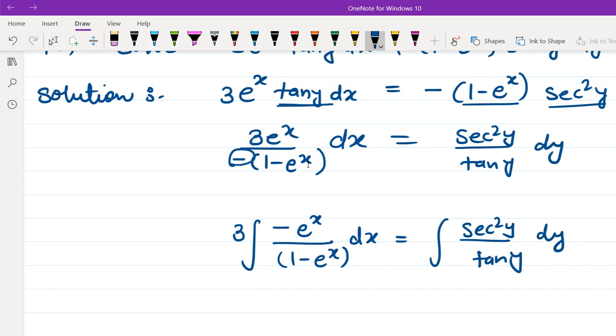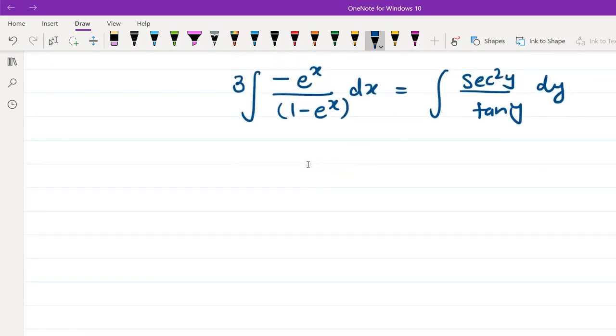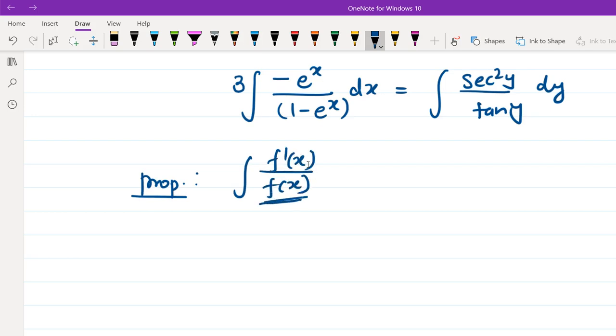We all know one of the properties of integration: when we have functions inside the integration of the form f dash of x upon f of x, that means the derivative of the denominator is present in the numerator, then you can apply this property, which says the integration of f dash of x upon f of x is going to be log of f of x plus c.